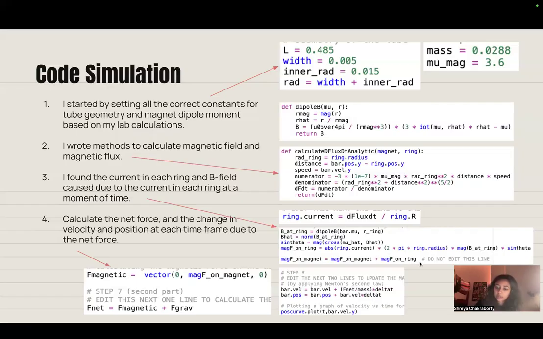We also found the gravitational force, which is constant throughout. The last step was calculating the net force, where we add the magnetic force, which points up, and the gravitational force, which points down, at each time frame. Then we change the velocity and the instantaneous position of the magnet over time.